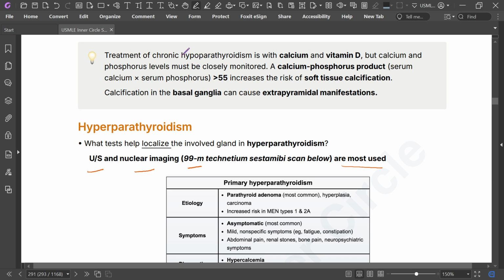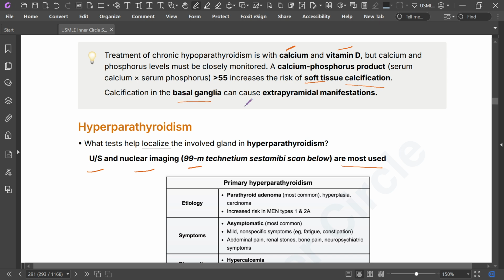In treatment of chronic hypoparathyroidism, with low calcium, give calcium and vitamin D, but calcium and phosphorus levels must be closely monitored. A calcium phosphorus product, serum calcium times serum phosphorus, if it is more than 55, increases the risk of soft tissue calcification.